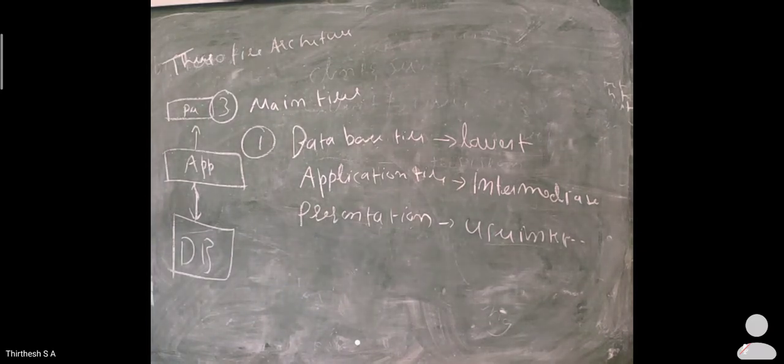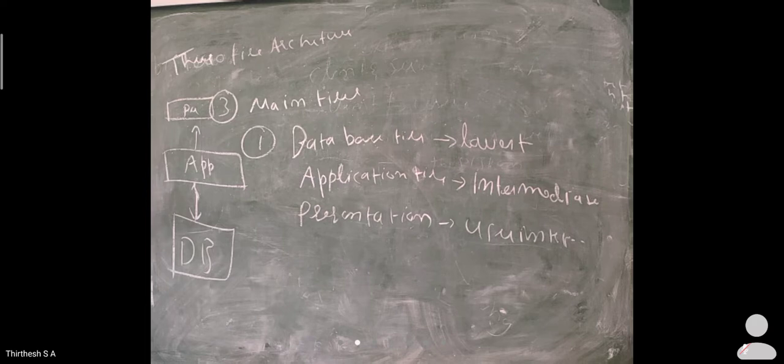So what is this architecture known for? This architecture is commonly used in web applications, for example Flipkart or Amazon, or web applications like Facebook or WhatsApp, or different kinds of applications. Those applications run on the database with the help of three-tier architecture, which consists of three main layers.